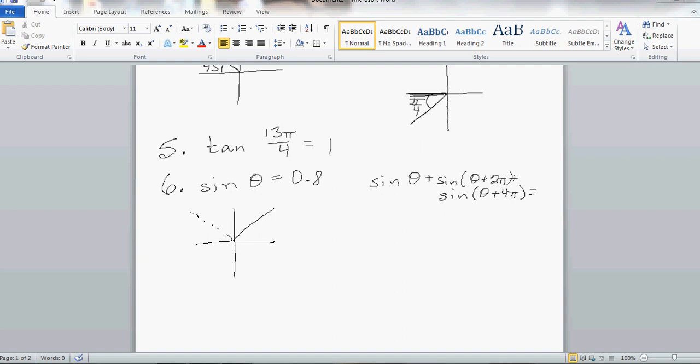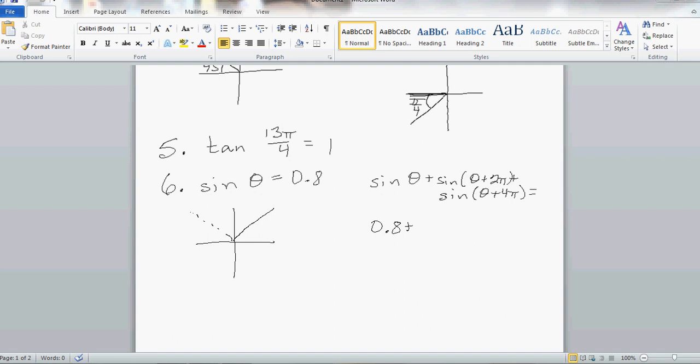Now if it's in quadrant 1 and we add 2 pi to that, it's still going to end up in the exact same place. And if we add 4 pi to that, it will end up in this exact same location. The terminal side is the same in each case. The same argument can be used for the second quadrant. So we know that the sine of theta is 0.8.